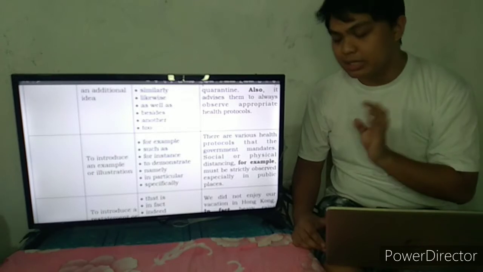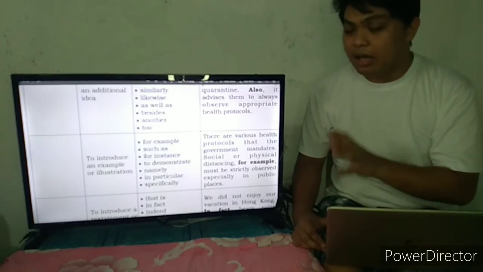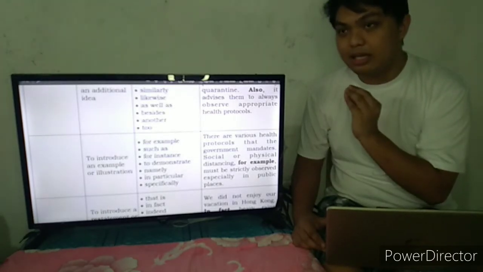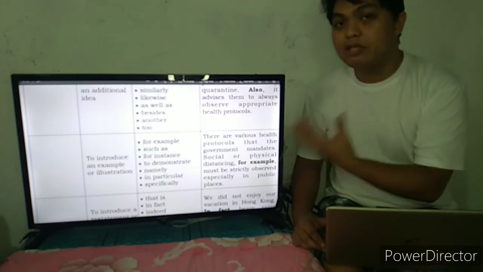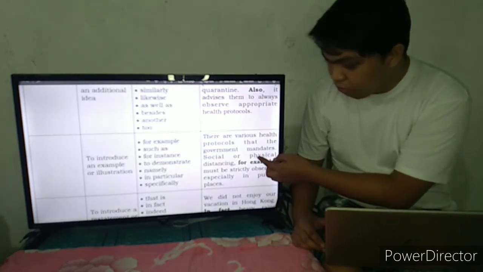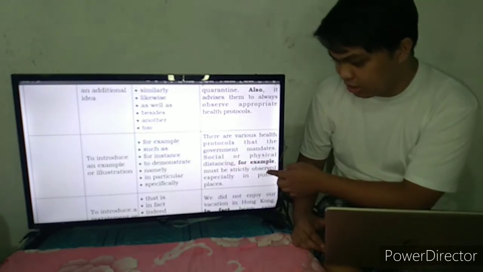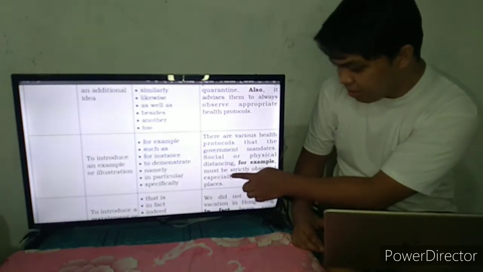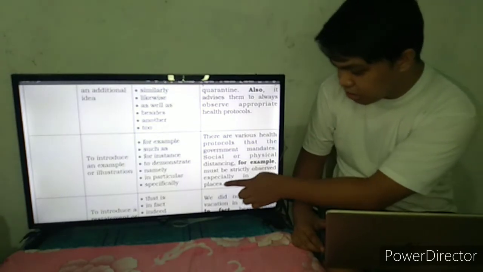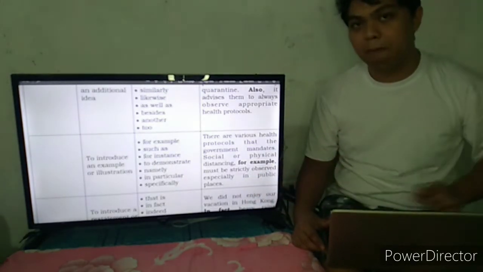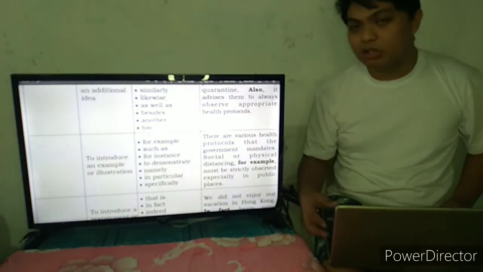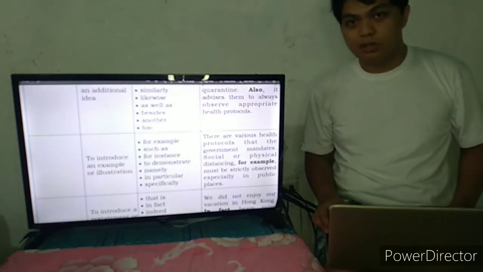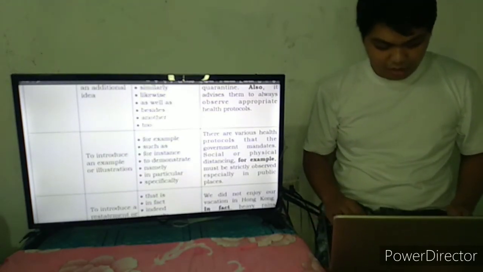Ginawang halimbawa ng sentence na ito para gawin pang mas maliwanag kung ano ba itong physical or social distancing is by giving example. For example, must be strictly observed especially in public places. So, striktong ipinapatupad ang social distancing.